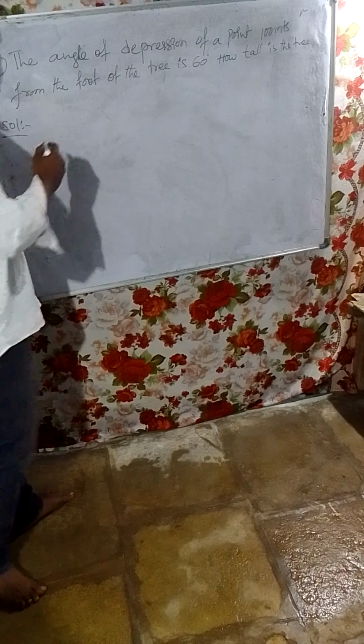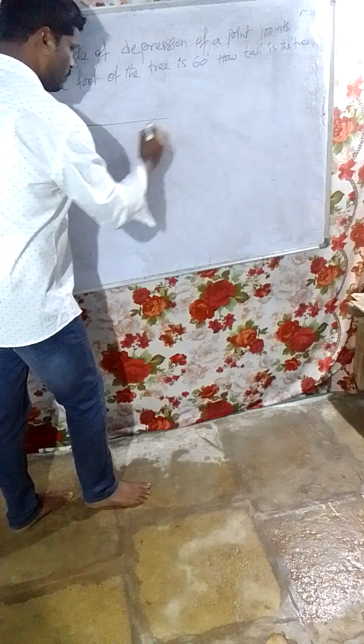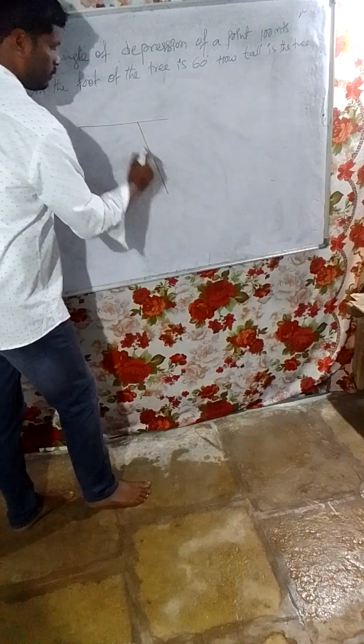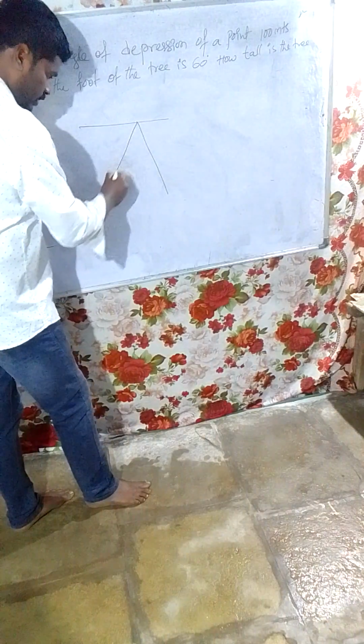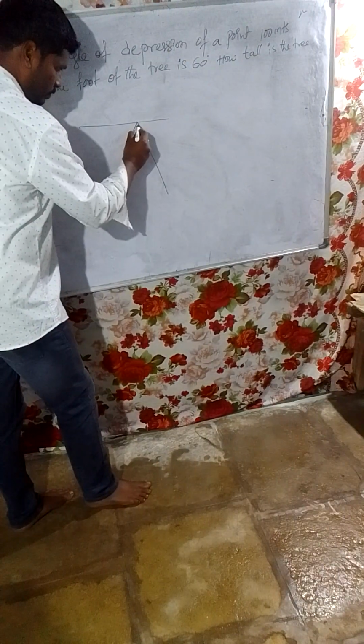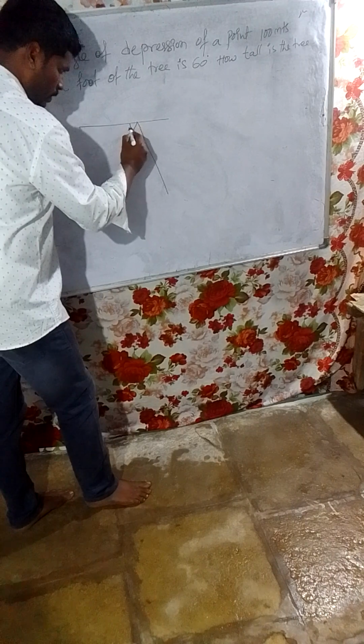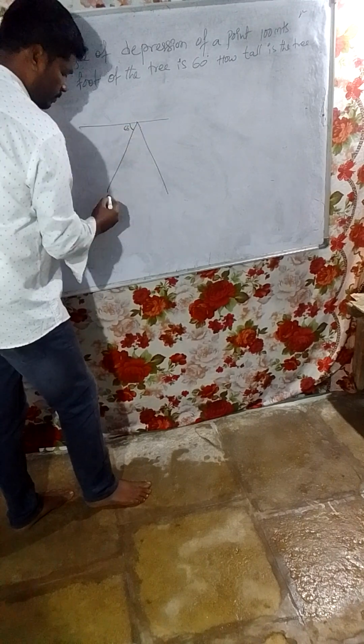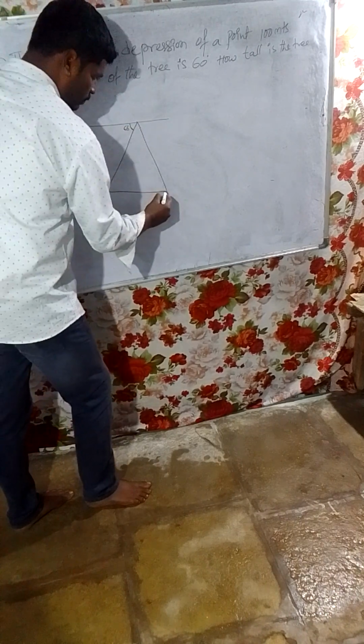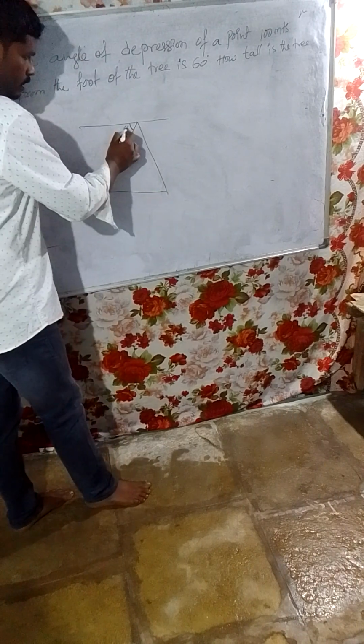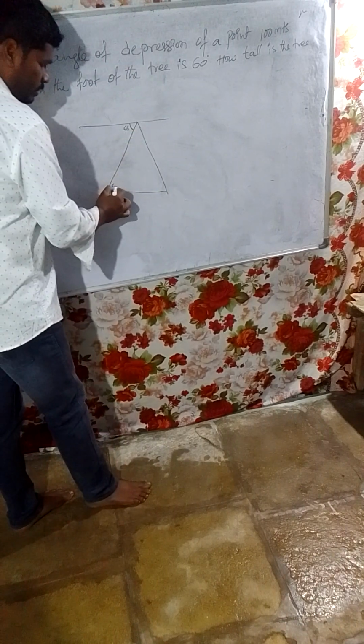See, the angle of depression of a point 100 meters means one point is there. This one is downward. This is 60 degrees. This one is an equal angle.